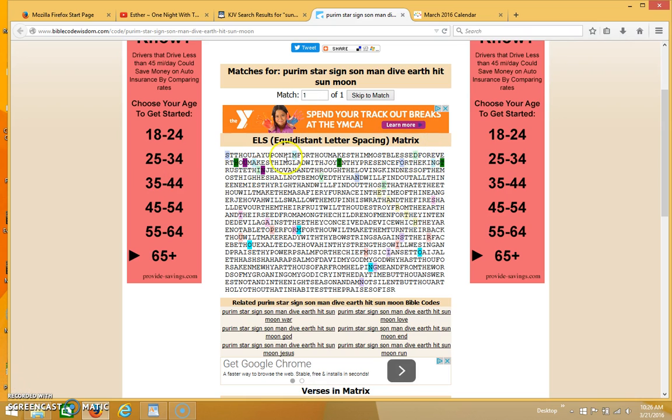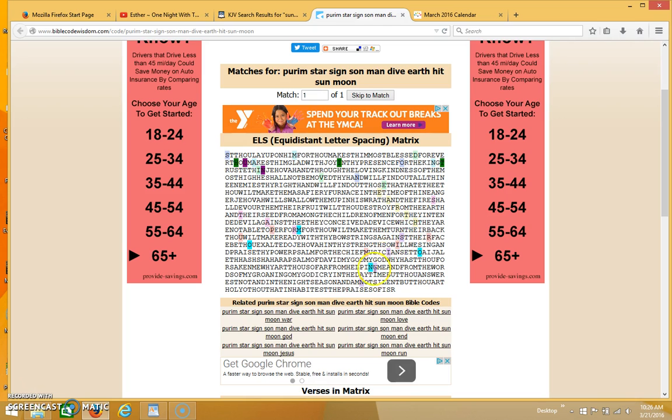Okay, and over here in the green we have the word dive with the letters D-I-V-E. And in the dark green we have the word hit with the letters H-I-T. And then over here in the yellow you have the word earth with the letters E-A-R-T-H. And you also have the word moon here in the bright blue with the letters M-O-O-N.